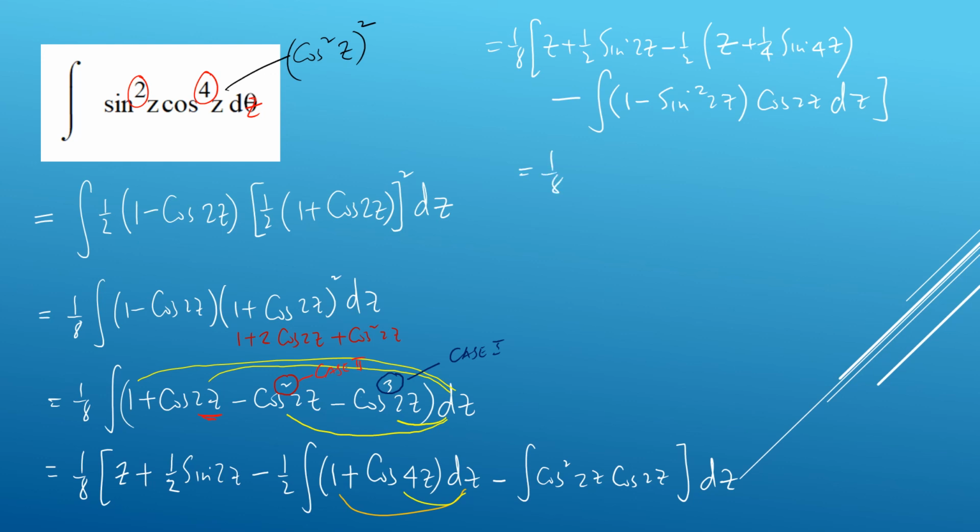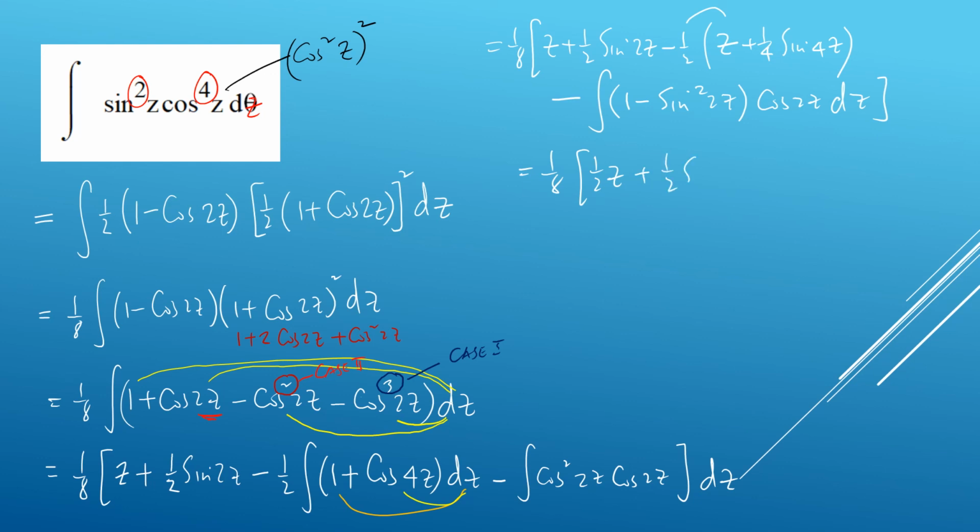So 1/8 z. 1/2 z minus 1/2 of z will give us 1/2 z. Okay?